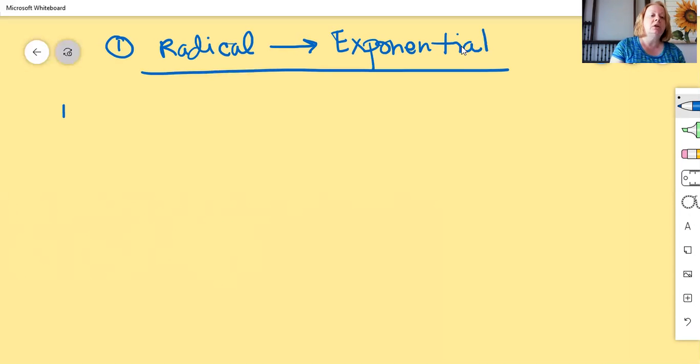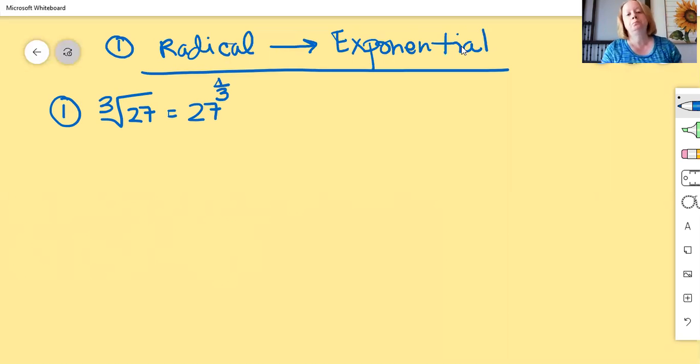All right, so let's start off with this example here. Let's say I have the cube root of 27. That means I'm going to have 27 to the 1/3 power.